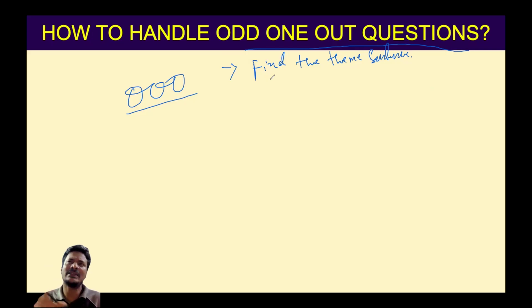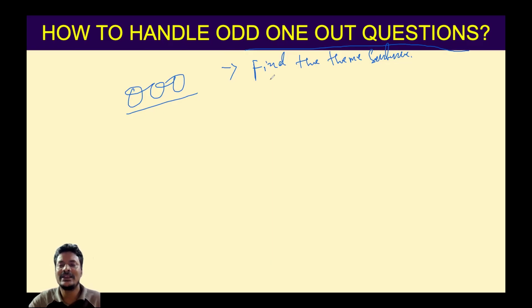One shall not just read all the sentences and then try to find the odd one out. One can go with the sequence, and after doing the sequence, if one finds the odd one, that would be logical, and the accuracy could be higher than for a student who haphazardly finds the odd sentence. So the first thing is to find the theme sentence.